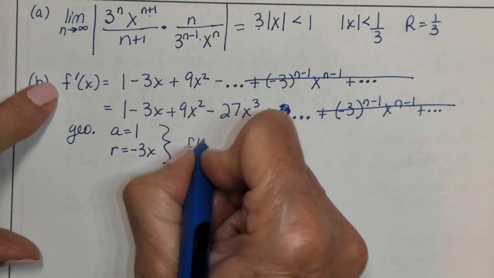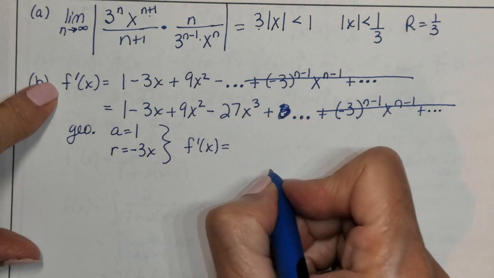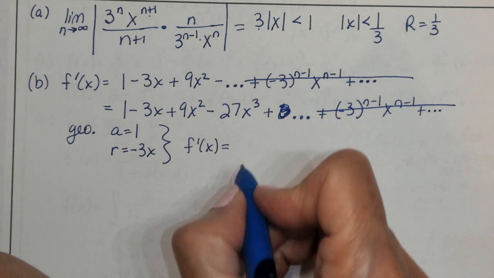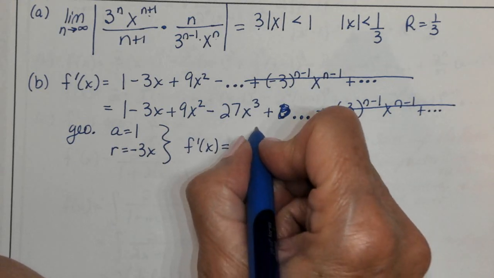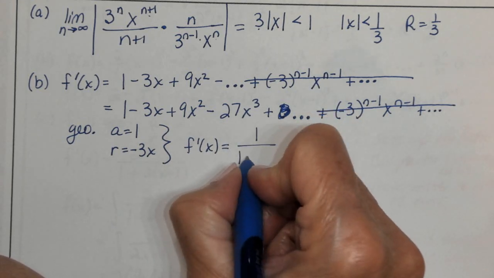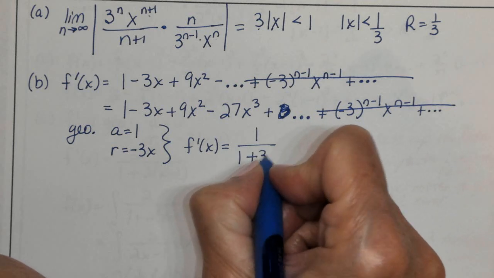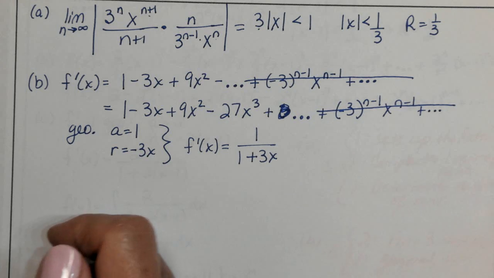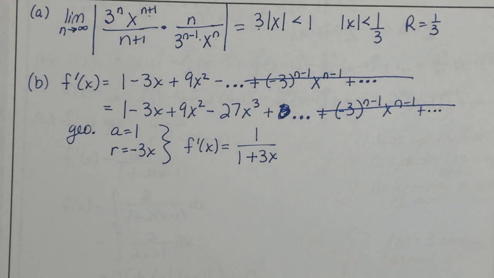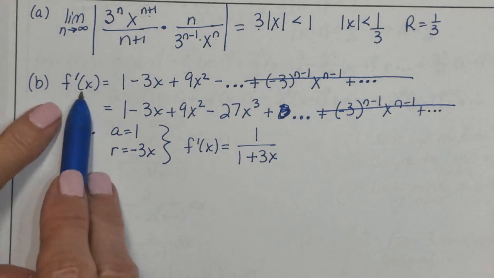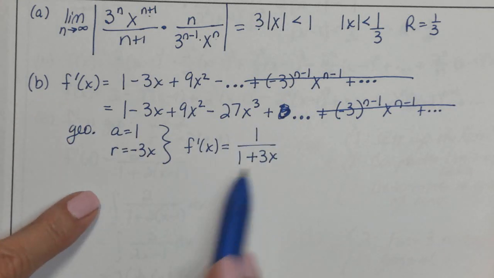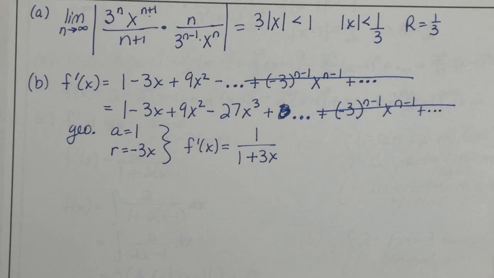So f prime is equal to a over 1 minus r. That's f prime. That's the rational function for f prime. This is the infinite series for f prime. This is the rational function for f prime.